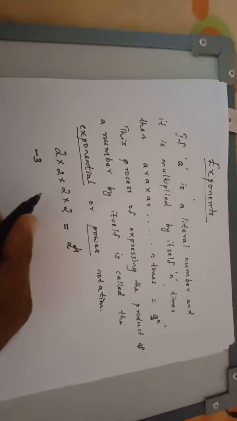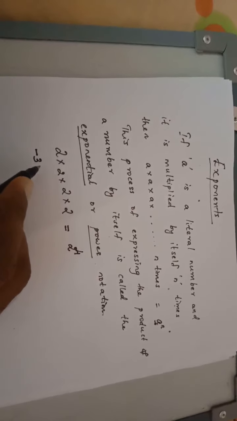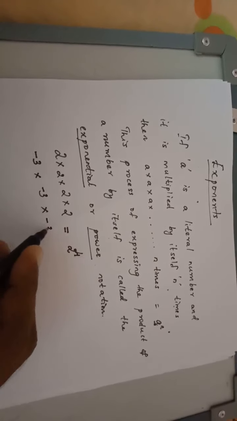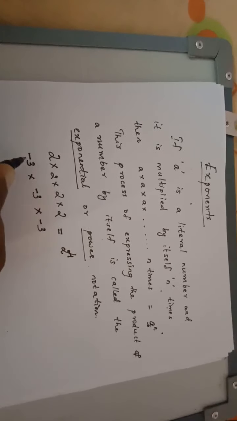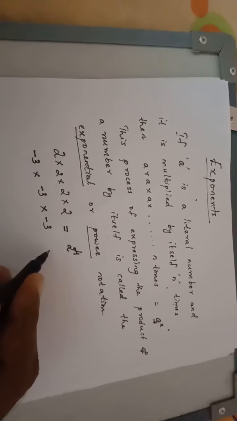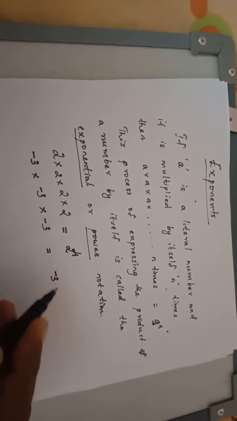Now for example, we take a negative integer, say -3. I am going to multiply -3 three times.